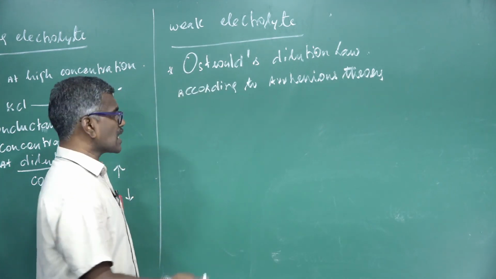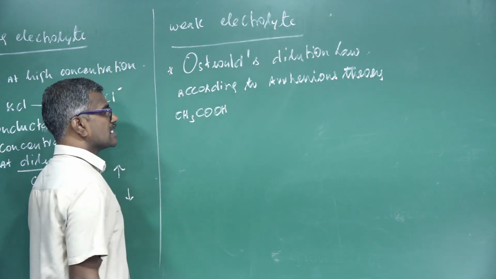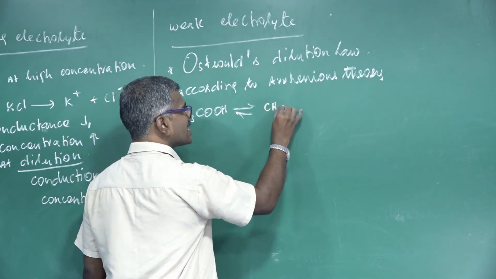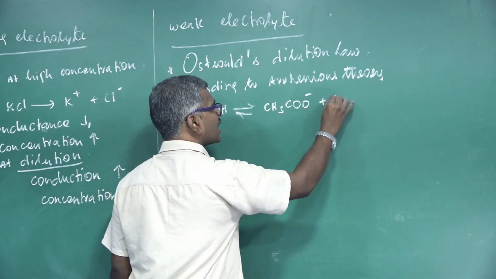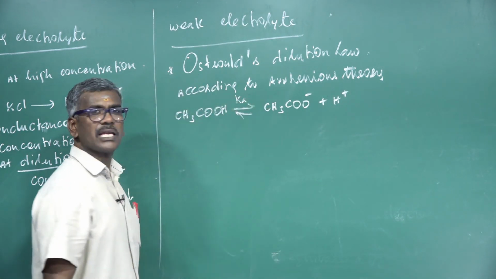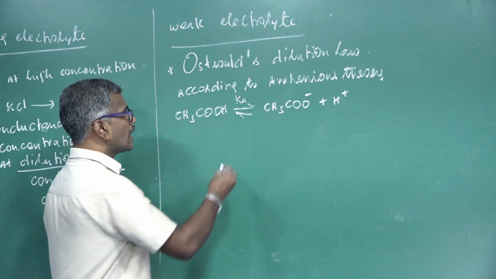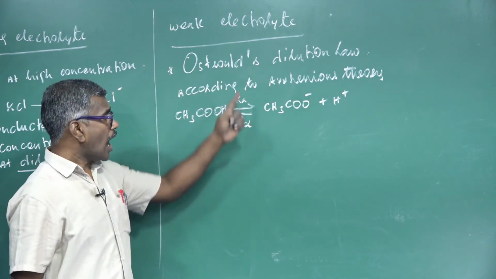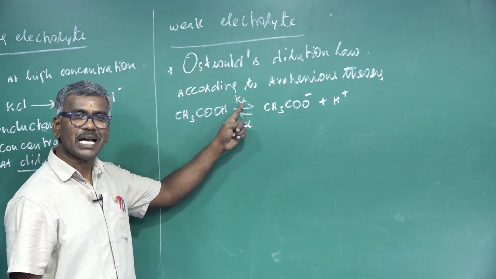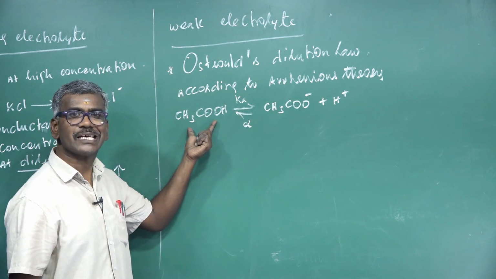The best example of a weak electrolyte is acetic acid, CH3COOH. It is partially ionized in water to form CH3COO minus and H plus, through the Ka, which is the equilibrium constant for the weak acid, expressed using alpha. The Ostwald dilution law relates the dissociation constant of a weak acid with the degree of dissociation and the concentration of the weak electrolyte.